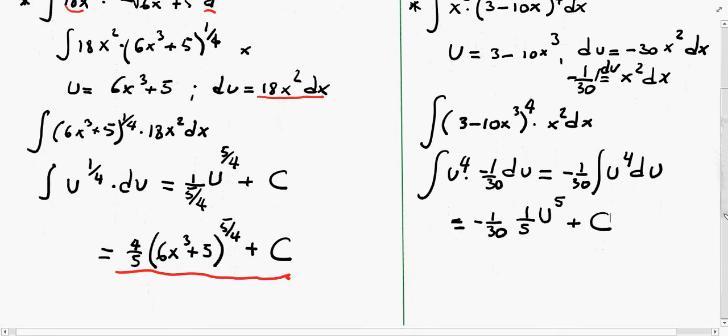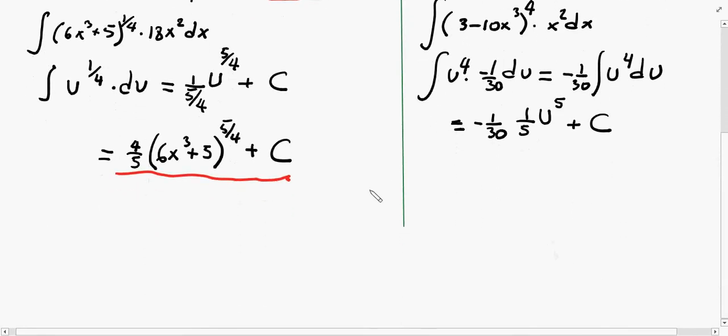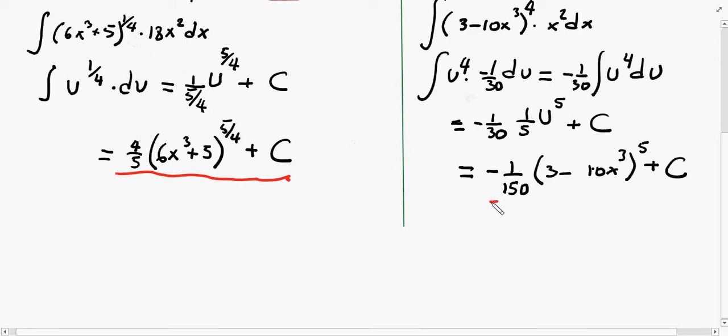So let's replace it back. Therefore, we get minus 1/150 times (3 minus 10x to the power of 3), the whole thing to the power of 5, plus the constant of integration. And that's our end result in this exercise.